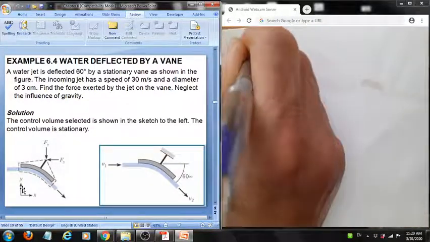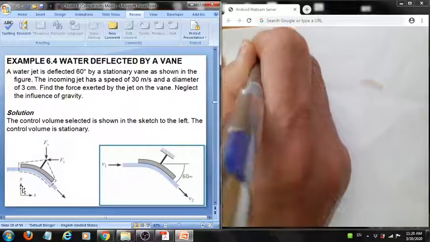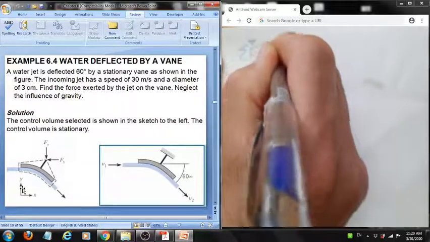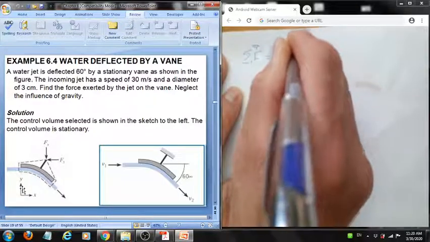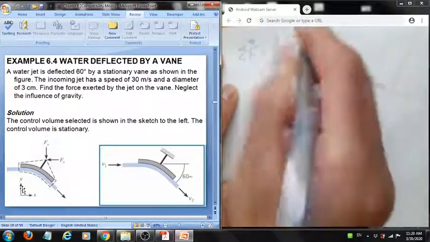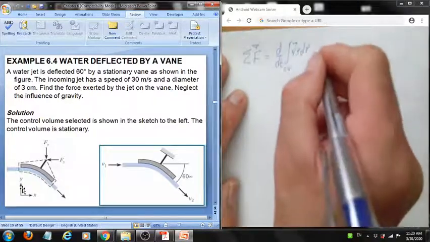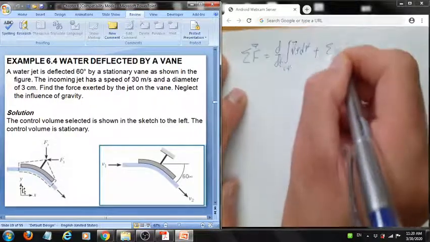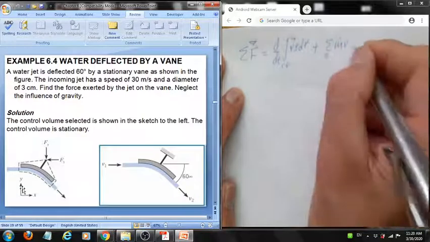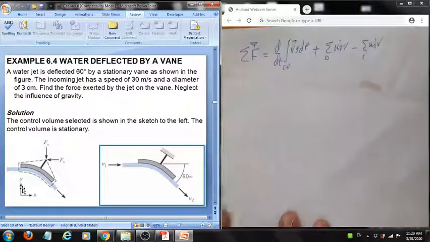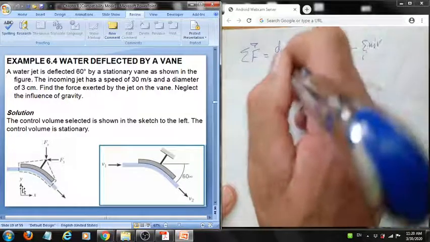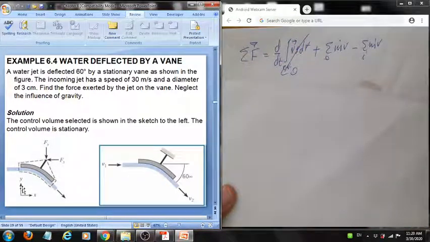We have summation of forces equal to the time rate of change of momentum inside the control volume plus momentum leaving minus momentum entering. As we said, we will assume steady.